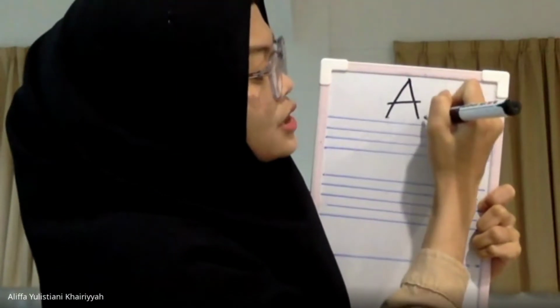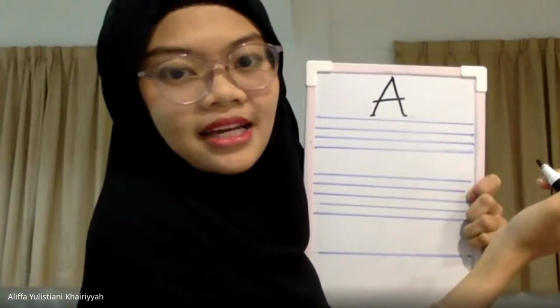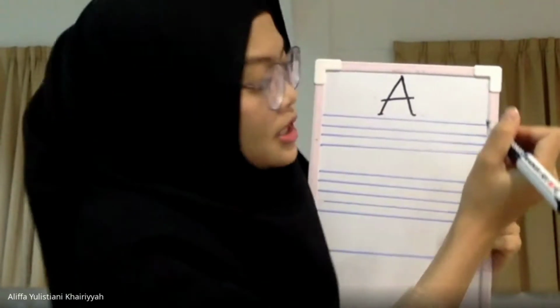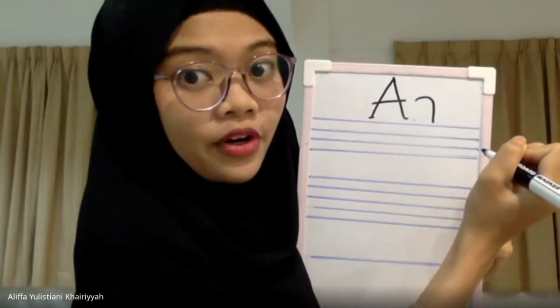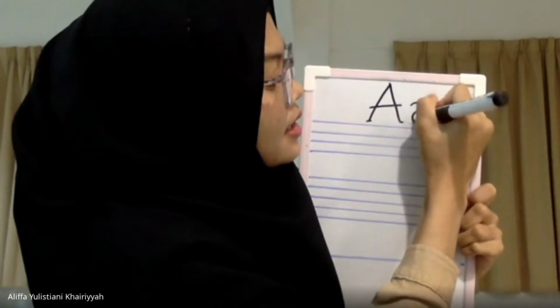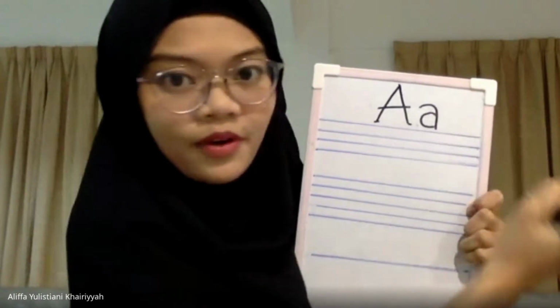It's a little bit not in the right line, but it's fine. We are learning together. 1, 2, 3. How about the small letter? Make a stick like umbrella. Then half of circle. Very good.